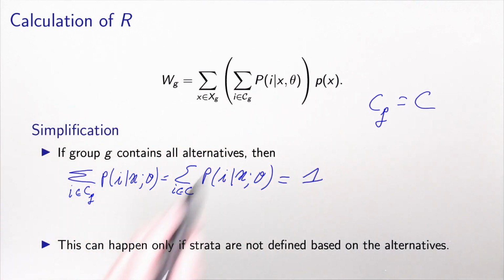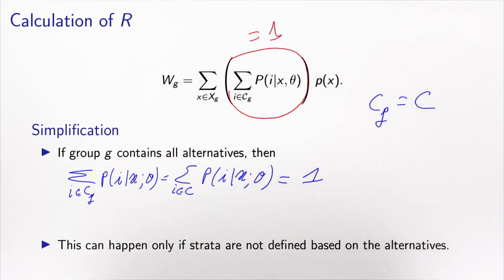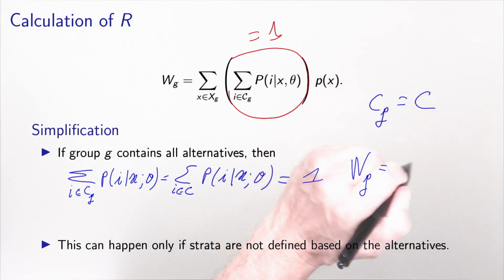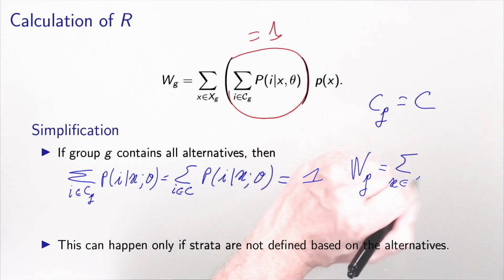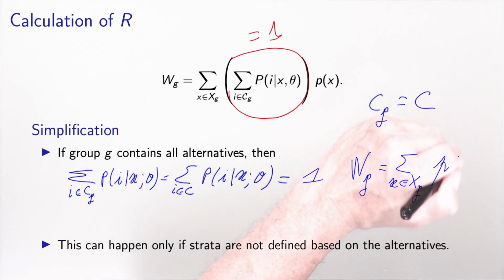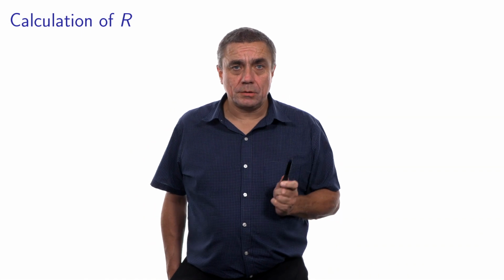So this is 1, and it means that WG is equal to the sum over x in the group of P of x. And in this case, WG does not depend on theta anymore.